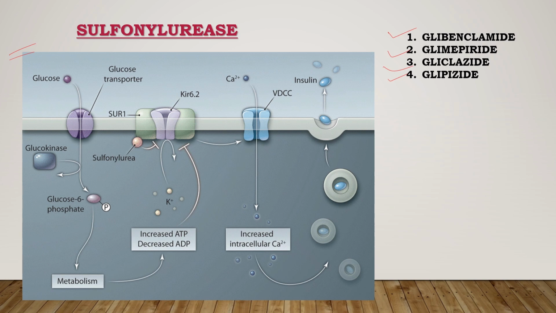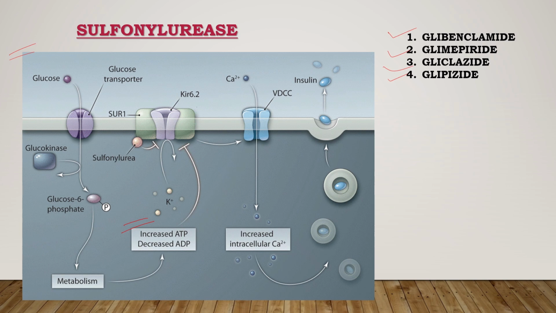Glucose is taken up by GLUT-1 or GLUT-2 and undergoes glycolysis, pyruvate is formed and it releases ATP. ATP inhibits the ATP-sensitive potassium channels, eventually calcium influx occurs, cAMP increases and insulin is released.